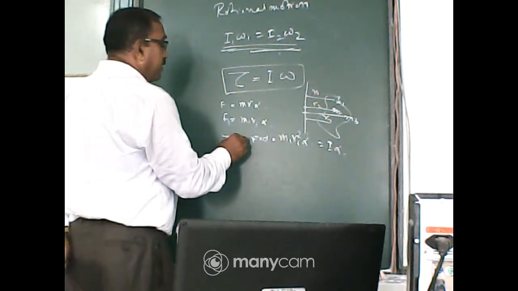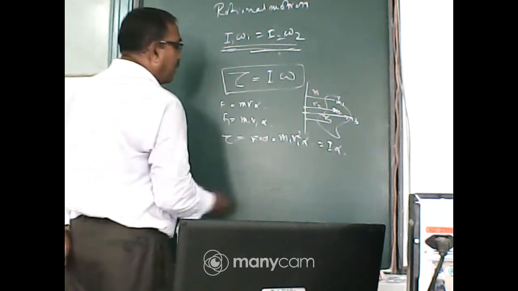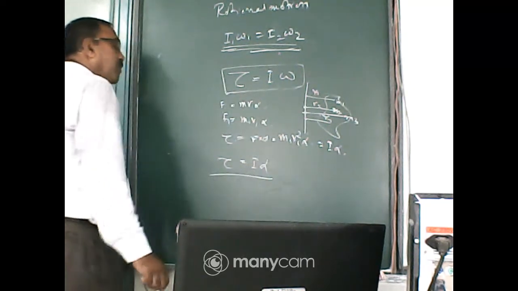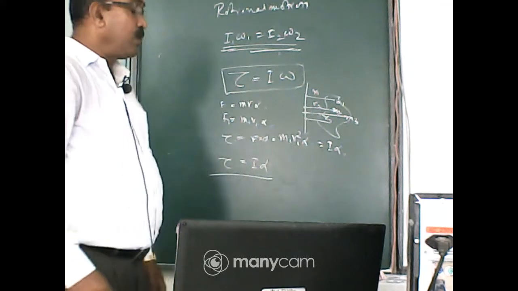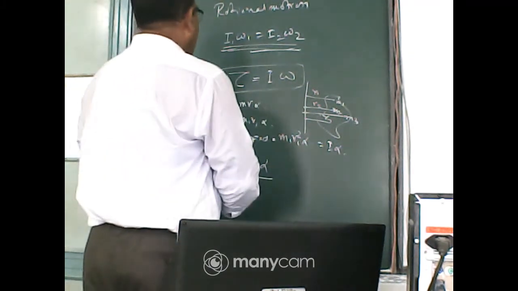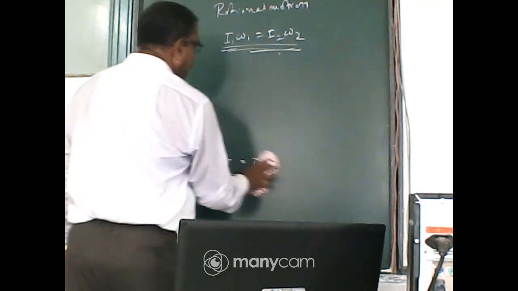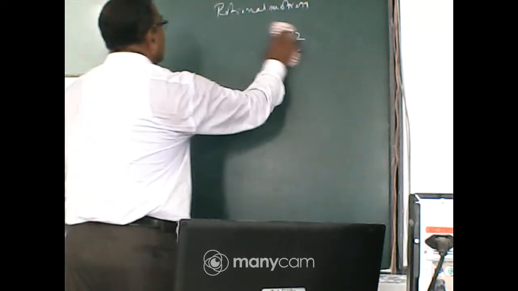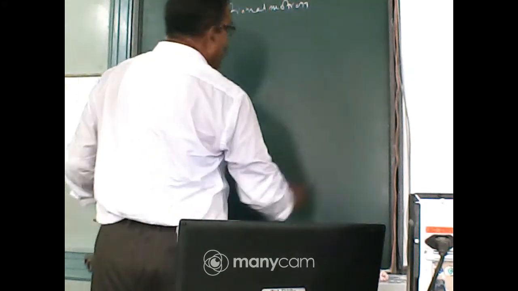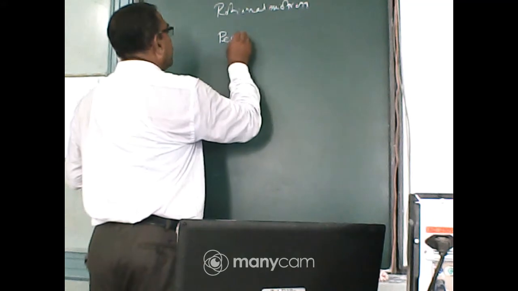Adding the torques for the first, second and third particles, the value will be I into alpha. So this is the relation between the torque, the moment of inertia and the angular acceleration.